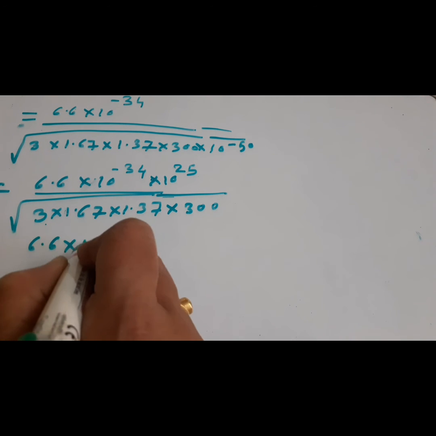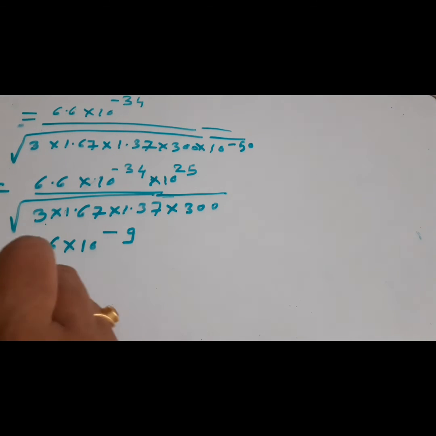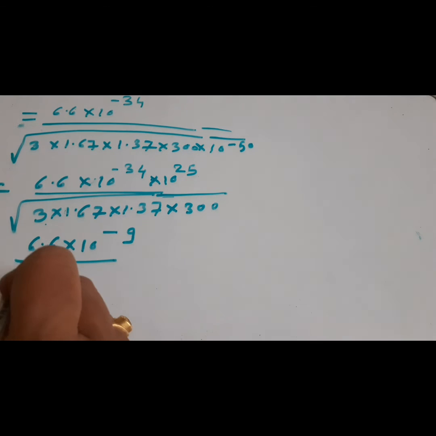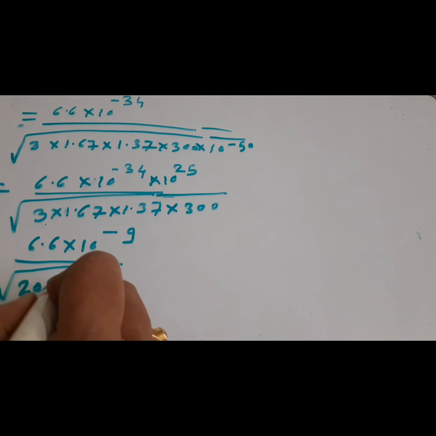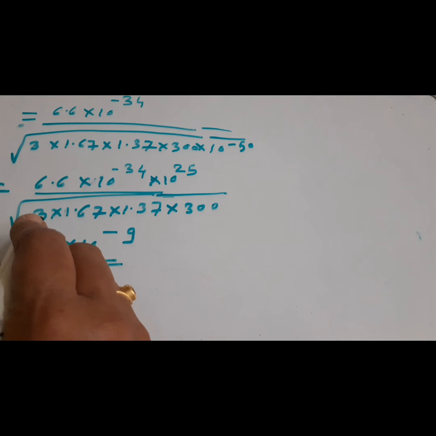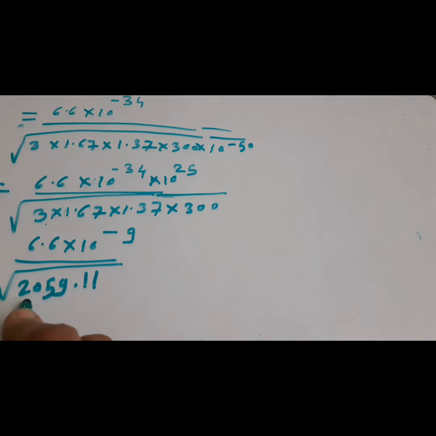6.6 into 10 to the power minus 9 divided by, after solving, the under root of 2059.11, that is the multiplication of 3 into 1.67 into 1.37 into 300.